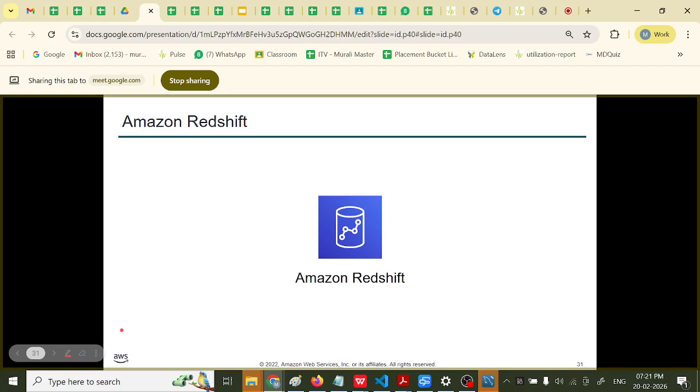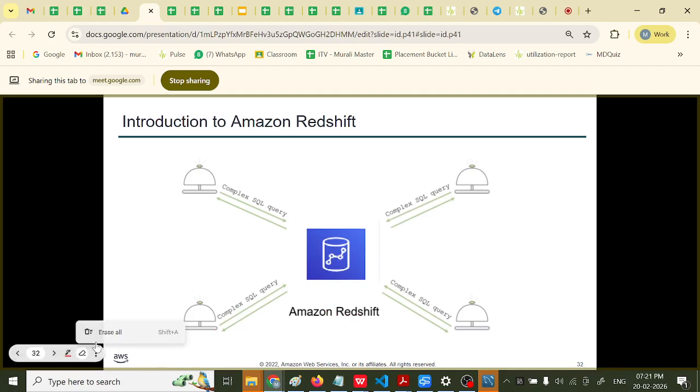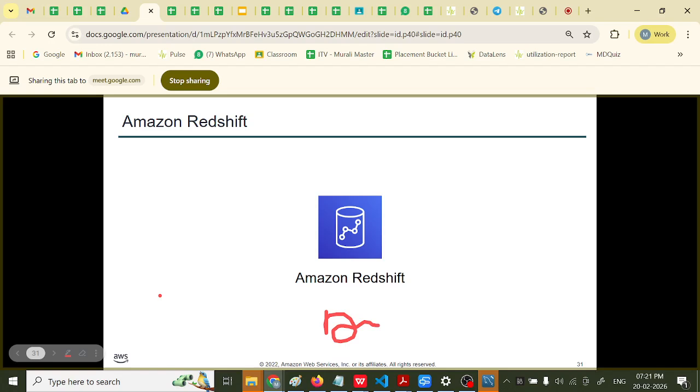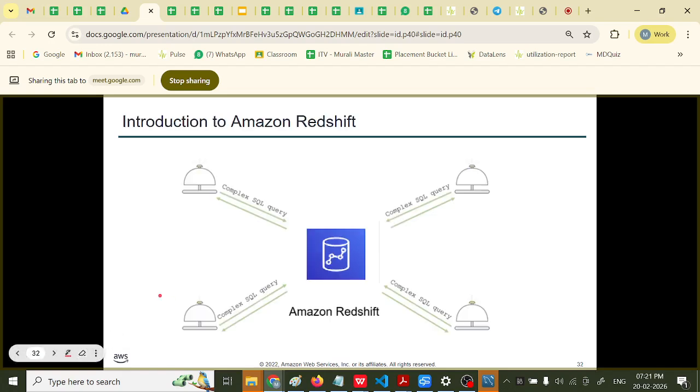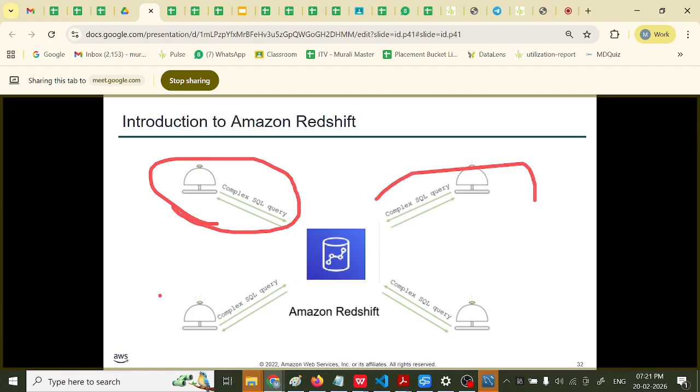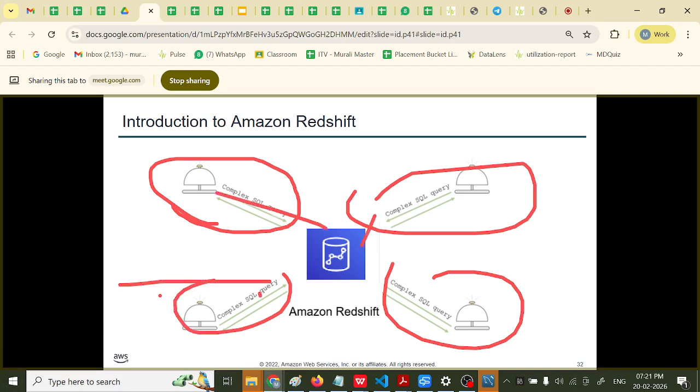Same thing. Redshift is a data warehouse database where multiple people can access the data at the same time. How will you access this database? You will be using only SQL queries, and all the SQL queries run at the same time.